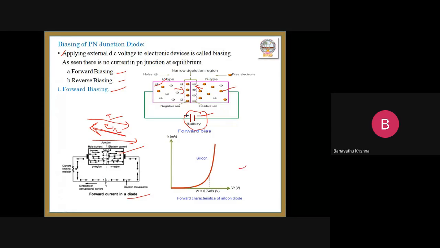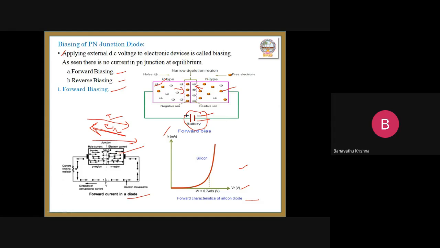Coming to the graphical one, VI characteristics, volt-ampere characteristics. On the x-axis we take voltage, on the y-axis we take current in milliamperes. This is the forward characteristics of a silicon diode. What have we discussed here? By applying this battery, the majority charge particles, nothing but electrons, are moving towards the junction.